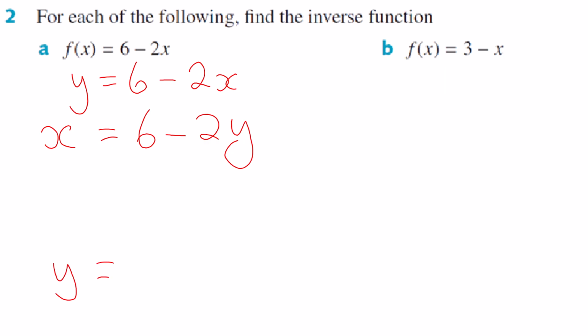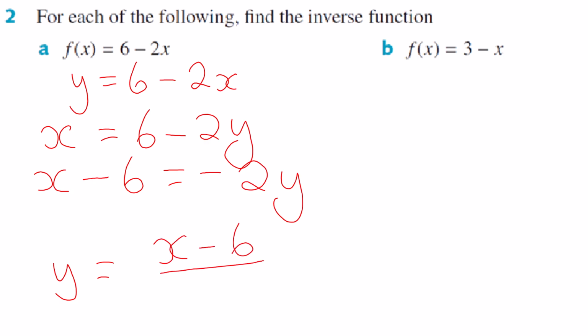a function of x. So the first step we're going to do is going to go x minus 6 equals negative 2y. Then we need to divide both sides by that negative 2. So we will get y equals x minus 6 divided by negative 2.